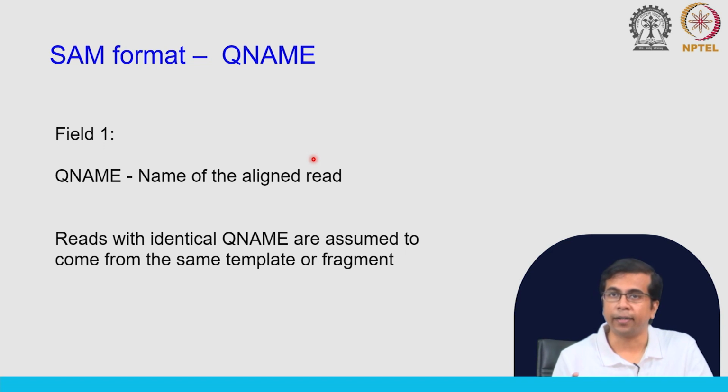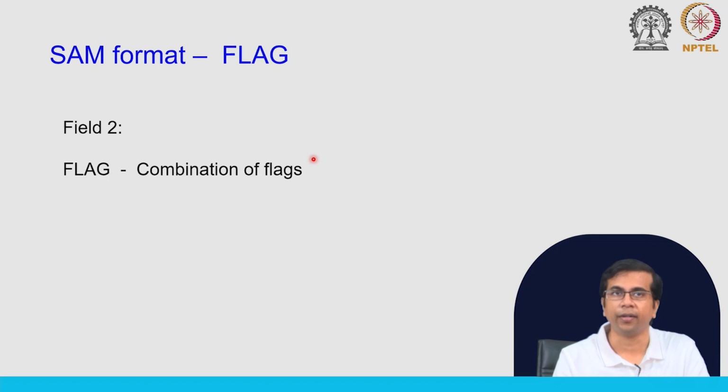If you look at the header names, the names are identical except a second field, where the read number is given, 1 or 2. That is not part of QNAME. That second part of the header in the FASTQ file is not part of QNAME. As you will see in a moment, the QNAME consists of the first part of the header in the FASTQ file. So, it simply tells us about the name of the aligned read.